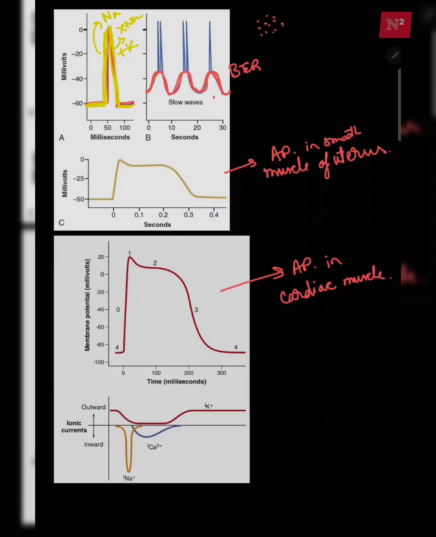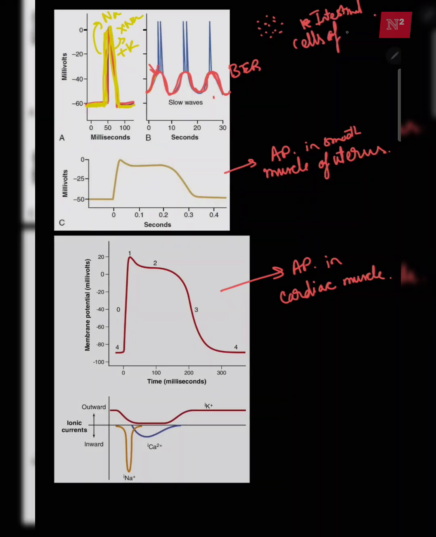So every now and then there are some food particles or the enteric nervous system stimulates a section of the GIT, and whenever that part is stimulated and crosses the threshold, specifically the areas near the intestinal cells of Cajal, there is generation of some spikes over the BER.